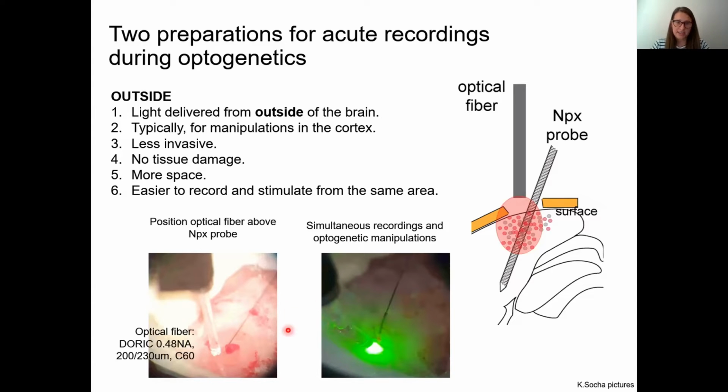This is just an example of pictures of recordings in the visual cortex. Here you can see the Neuropixels probe going at some angle just below the optical fiber, and here how the light actually hits the region in this experiment. You can see some distortion, so you might have the impression that the light doesn't hit exactly the middle, but that's because there's some ACSF applied, which creates an optical illusion.